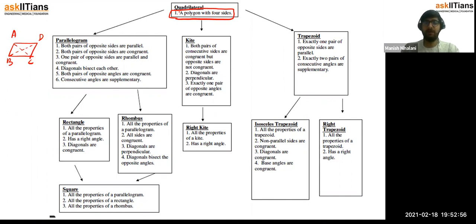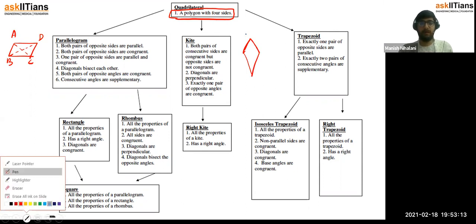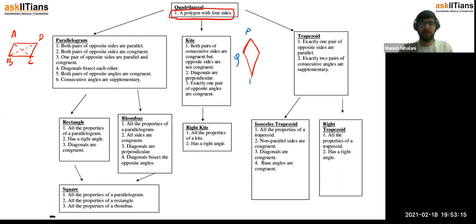Then for a kite we know that both pairs of consecutive sides are congruent but opposite sides are not congruent. In this case we would say adjacent sides are congruent. This is the kite, right? So in a kite, let's say PQRS, QR will be equal to RS and PQ will be equal to PS. Diagonals will also be perpendicular to each other.